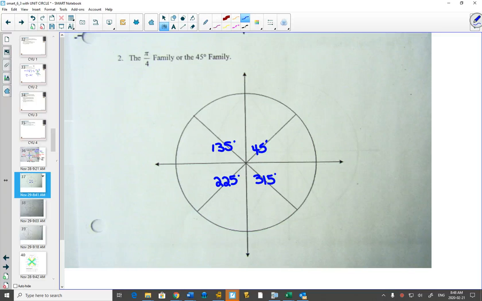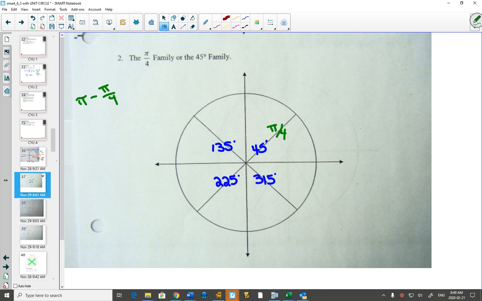So we're thinking about our reference angles all the way through to figure out our angles. We have to do the same idea in radians. So 45 degrees is pi over 4. And then if I want to find quadrant 2, if I use the same idea as degrees, I would have to do pi minus my reference angle.